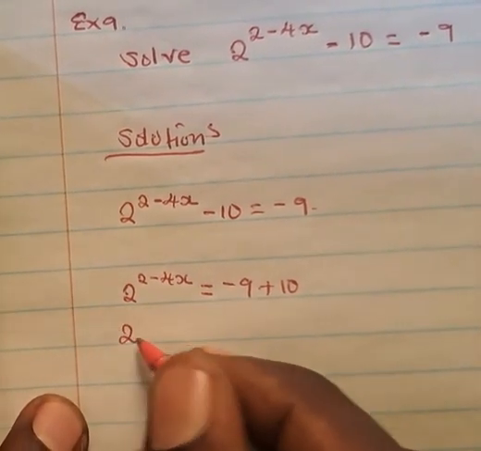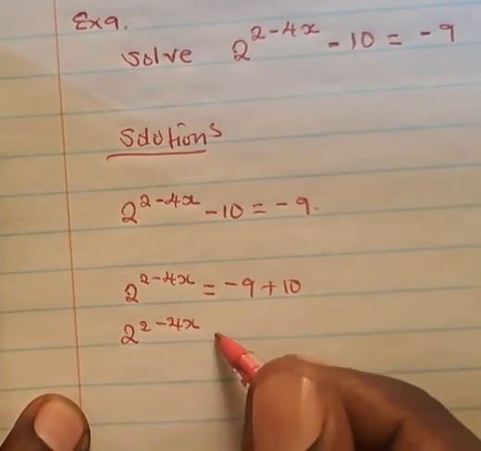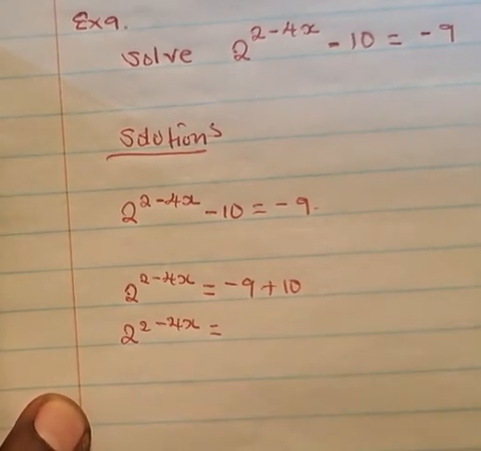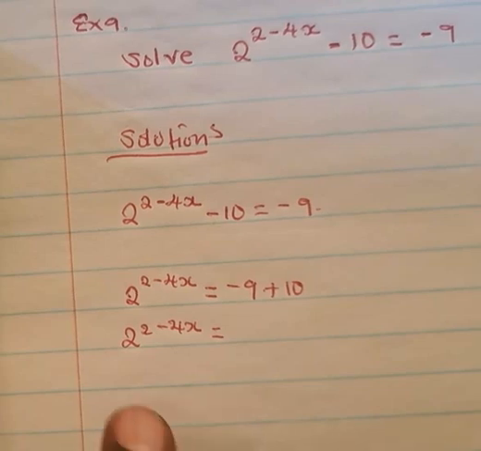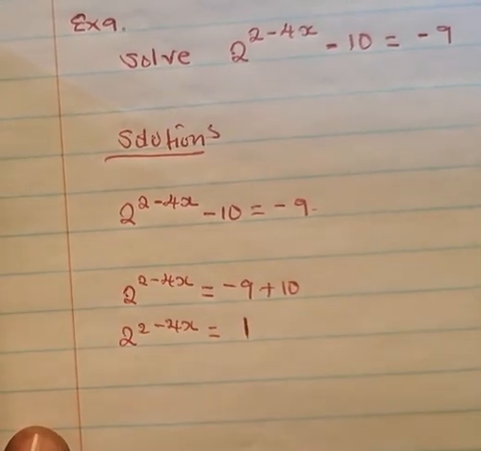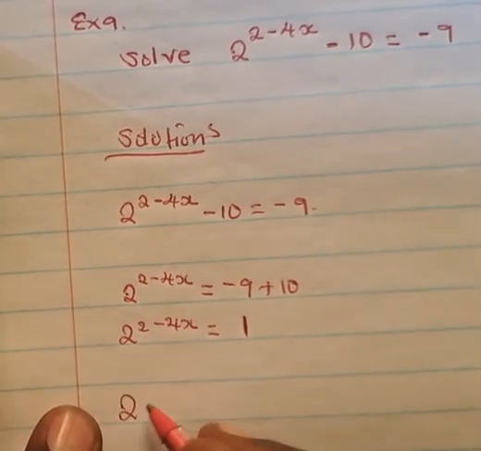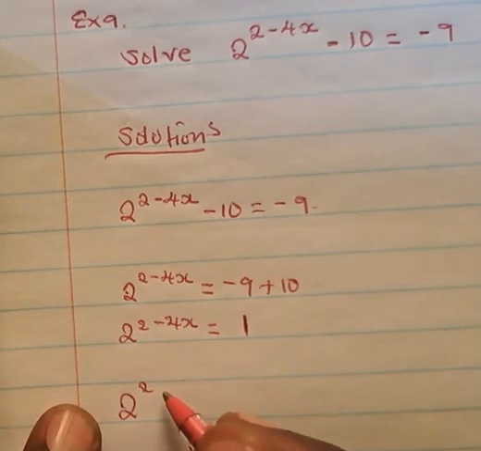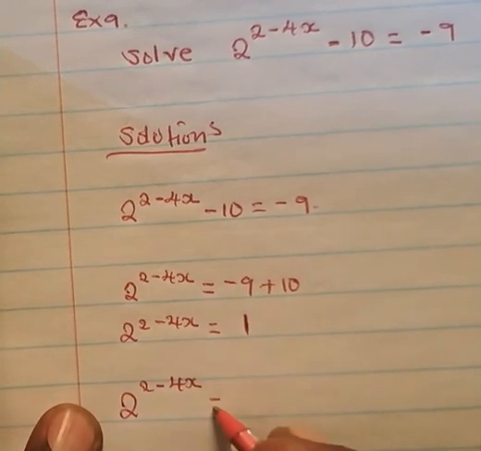Now we have 2 to the power 2x minus 4x is equal to negative 9 plus 10. Those are algebra of integers, it's positive 1. So let me write it clearly here: 2 to the power 2x minus 4x is equal to 1.